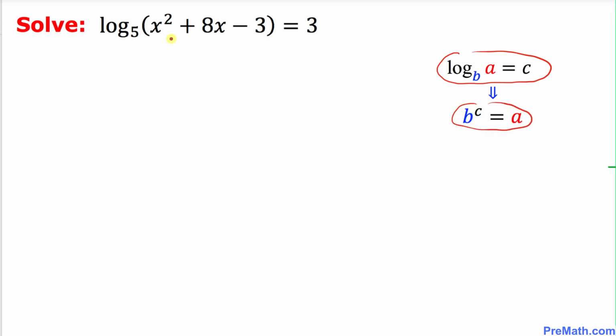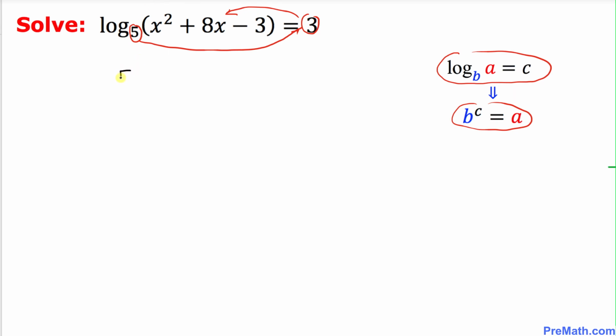Let's go ahead and start working on this. Our base is 5, as you can see. So base power this 3 equals this part. So once again, 5 power 3 equal to this argument. Let me just go ahead and write it down.